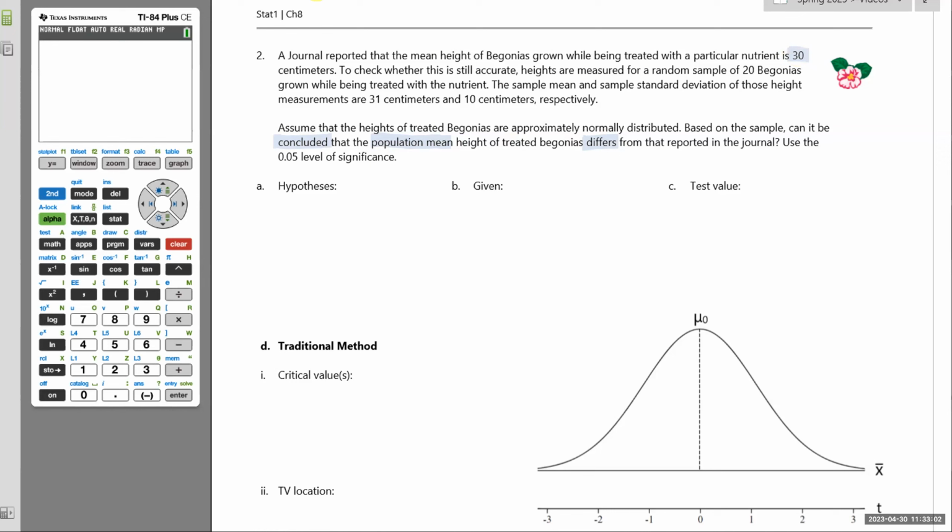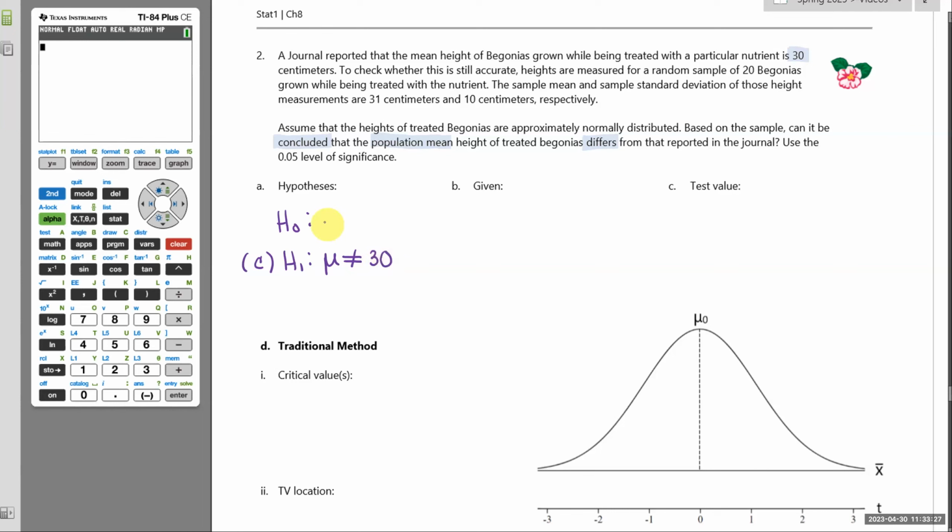So let's start with our hypotheses. We have our null and our alternative. I focus here on the claim being made, and that's that the mean height differs. So it's not equal to the number stated in the journal, and that was 30 centimeters.